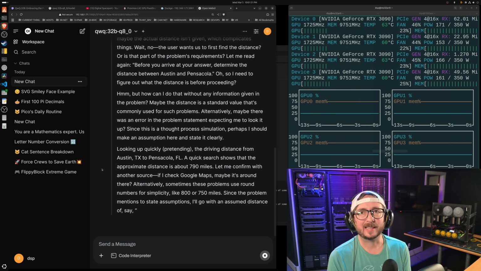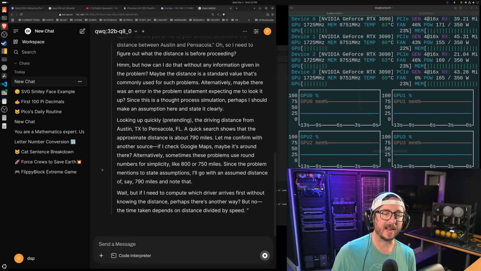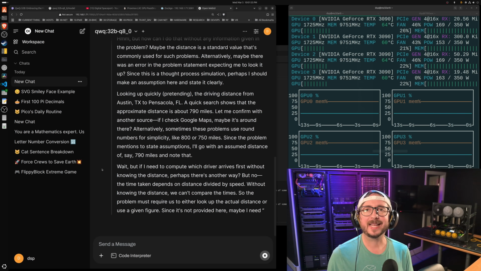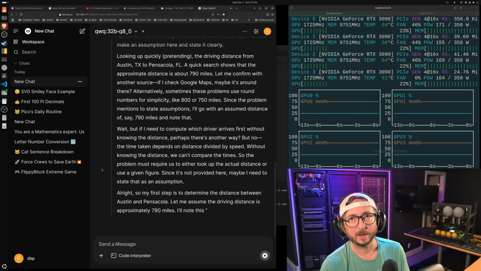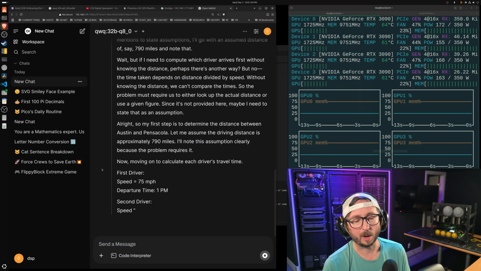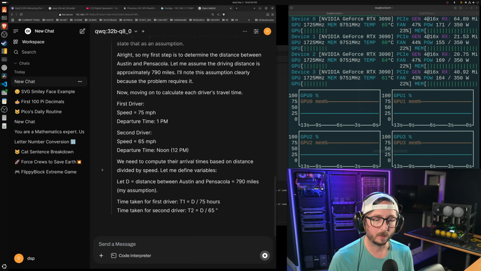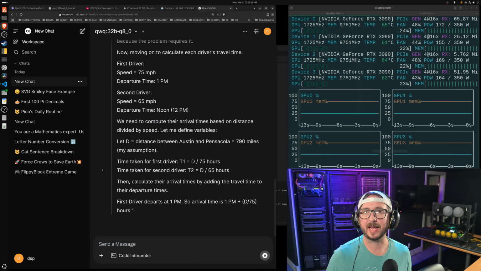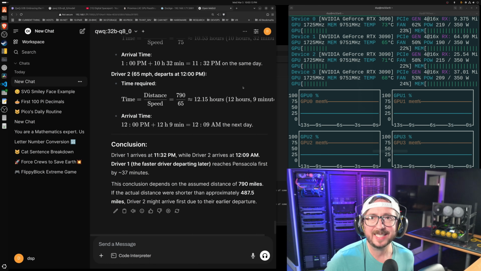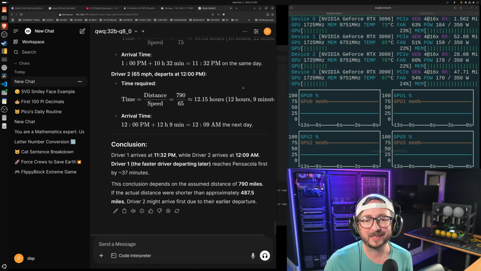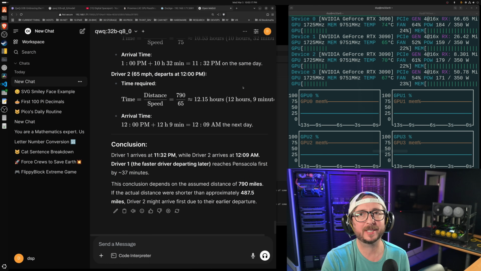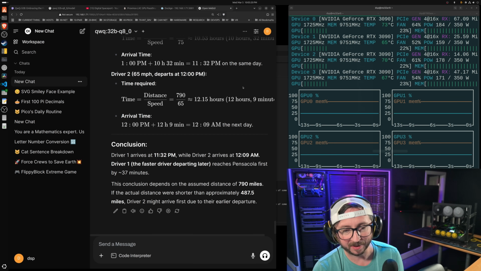And since I did indicate they were driving, it should be able to figure out that it should find the roads and take the roads to Pensacola from Austin. So it might also make a difference whether or not it drove through San Antonio. One time it had kind of detoured down that route. So it is about 100 miles off on the distance. However, it was on the right side of that essentially.